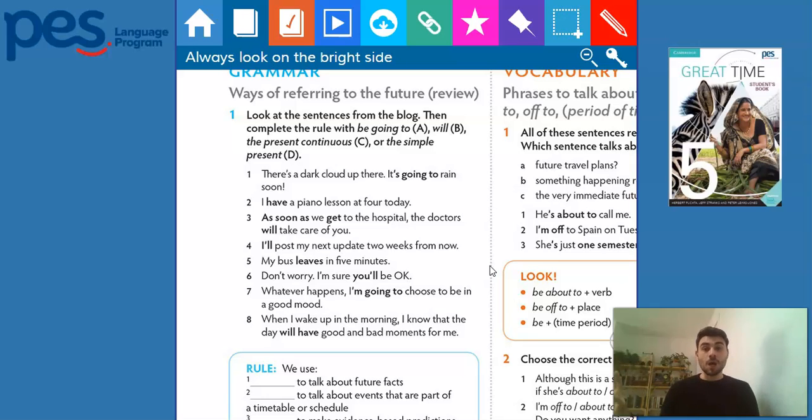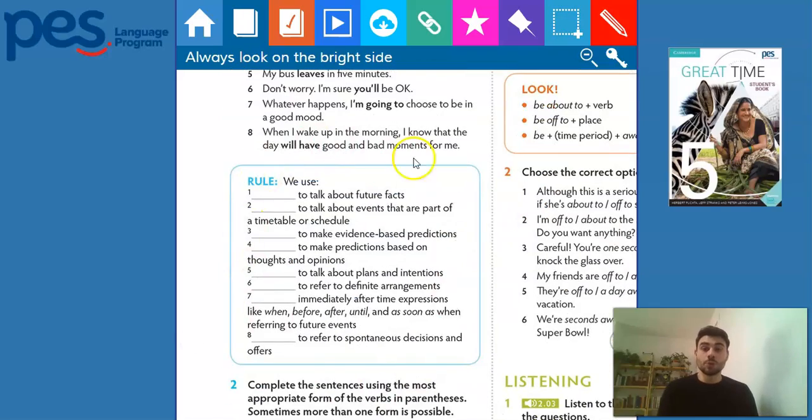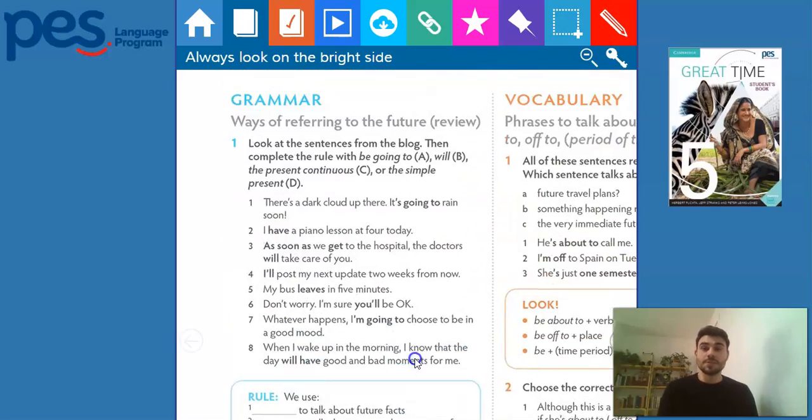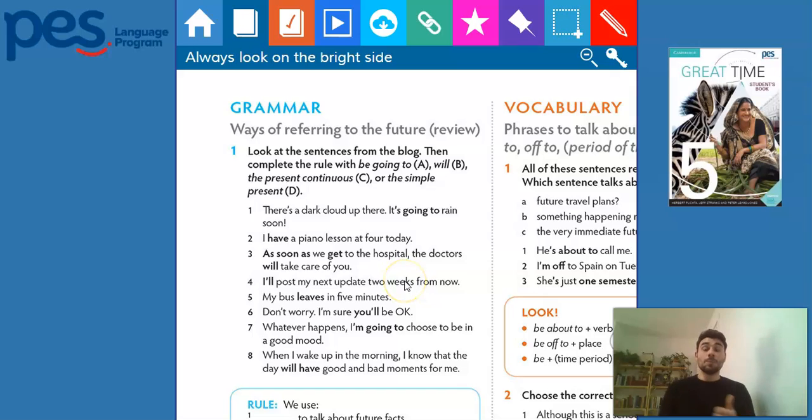So remember the blog, the text about the blog and the worries, those sentences are from there. Then you have to complete the rule, the rule over here below the sentences, with be going to, letter A, will, letter B, the present continuous, letter C, or the simple present, letter D.